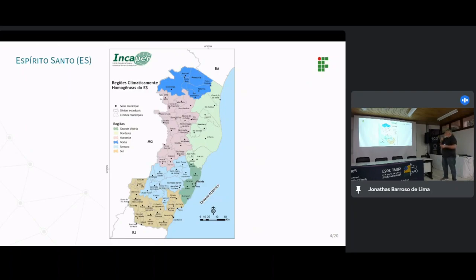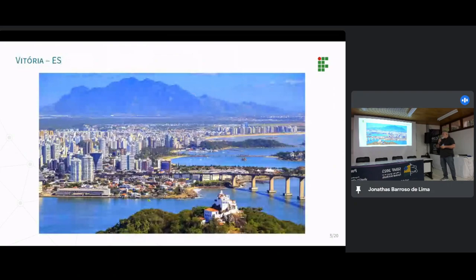We have a region of Atlantic jungle, and we have a huge littoral, a coast. So we see something like that when you arrive in Vitória: a big mountain, and you also see the sea and beaches and some monuments.